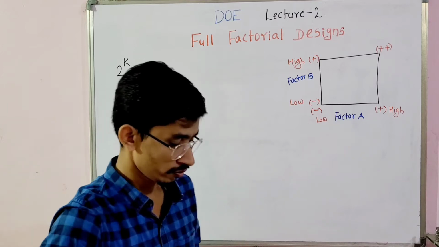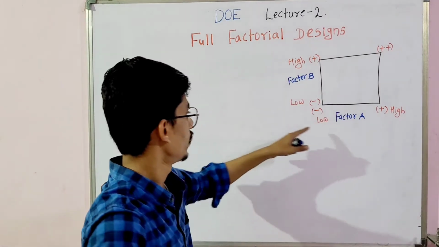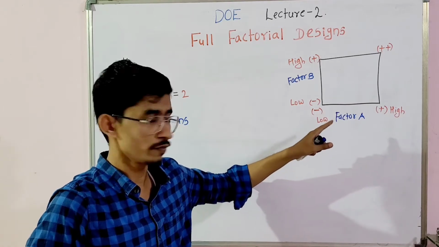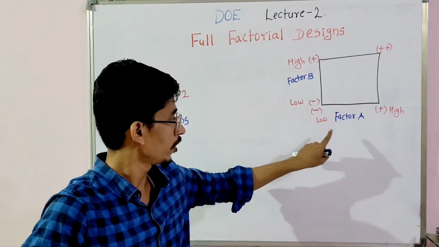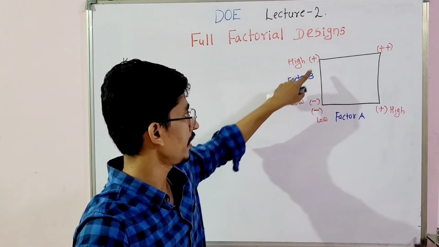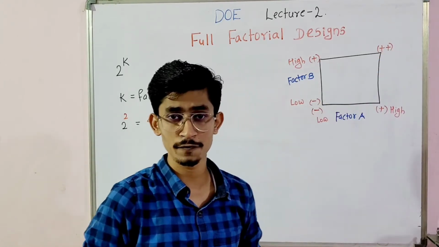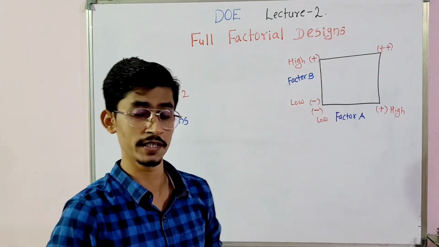So this is factor A and factor B: two factors, low level and high level of factor A, low level and high level of factor B. And this is an interaction effect of factor A and factor B.